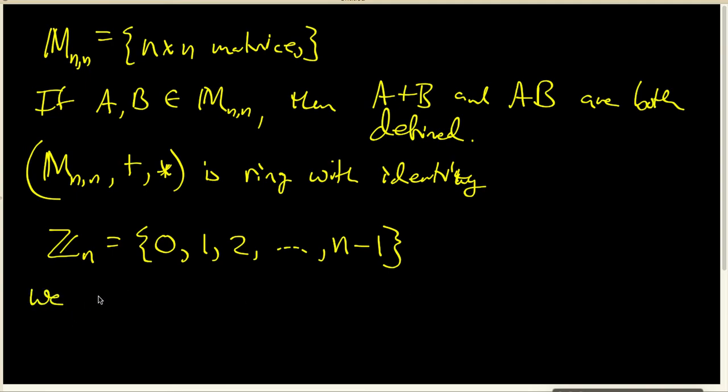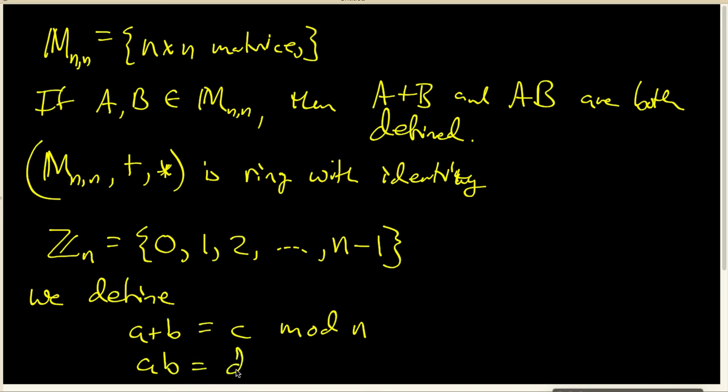So we can define a plus b to be equal to c mod n, and a times b is equal to, say, d mod n. Under these kinds of definitions, it turns out that Zn, under its addition and multiplication, is a nice, well-defined algebraic structure, and this also turns out to be a ring.